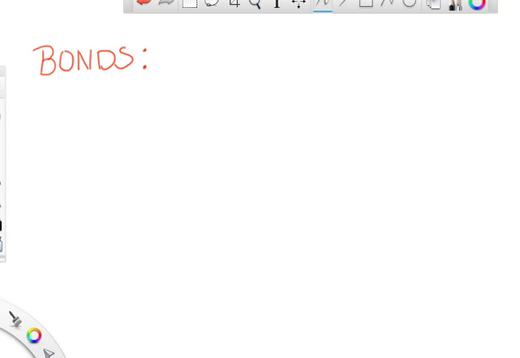And we're going to remember that bonds are used because elements form bonds to become chemically stable.